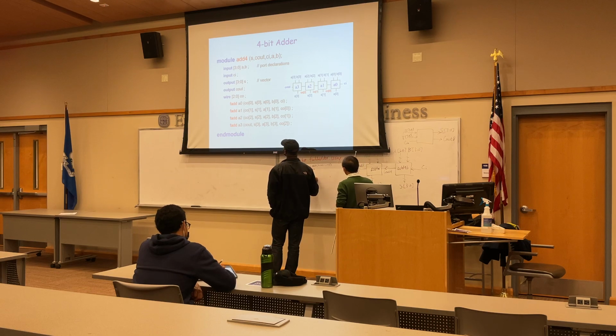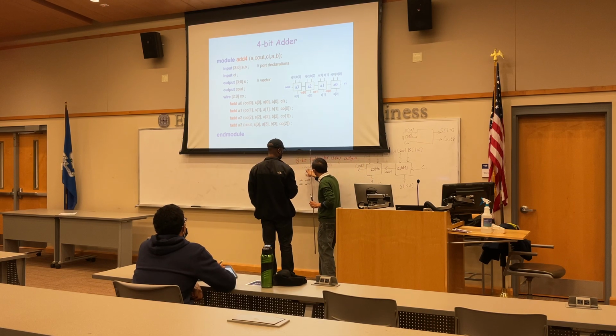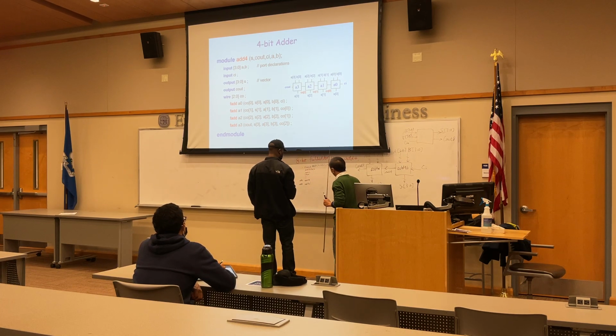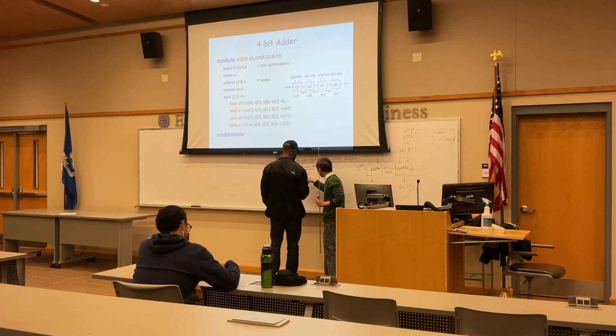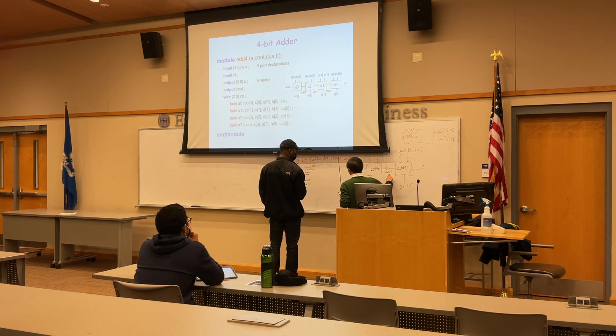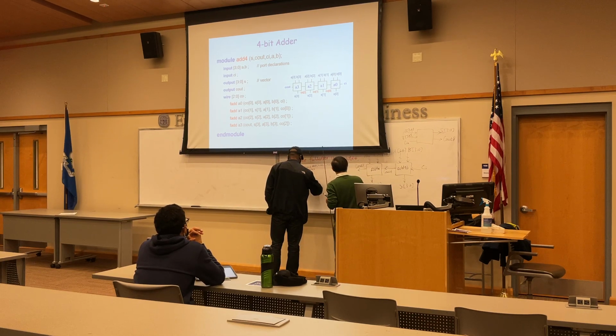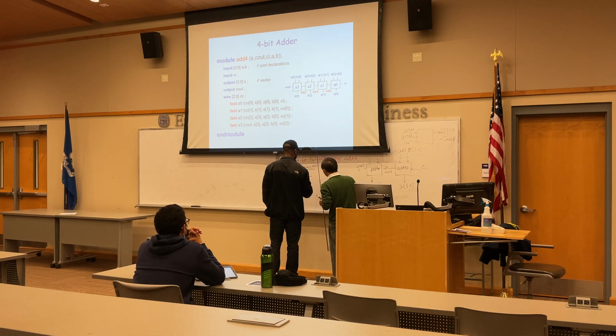So in this case, ours is 7 to 0 for our module. Very nice. And then we also define a wire. Wire is combinational. Now it's very easy for us to define.